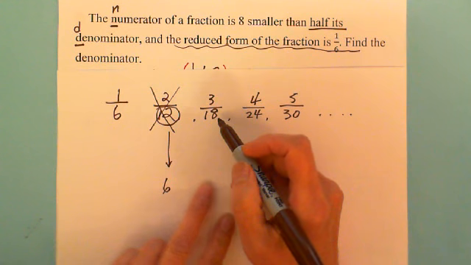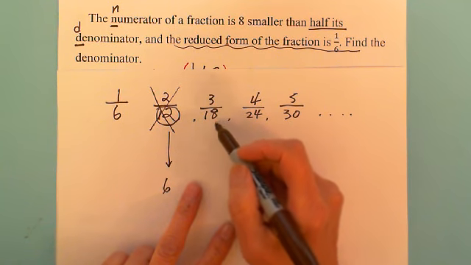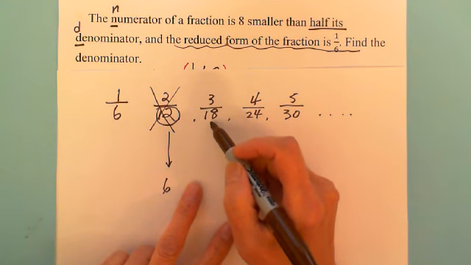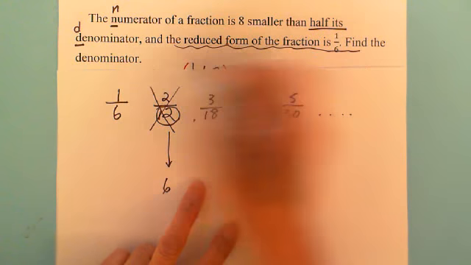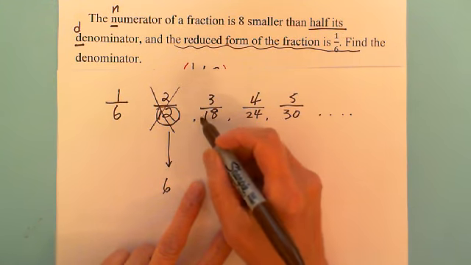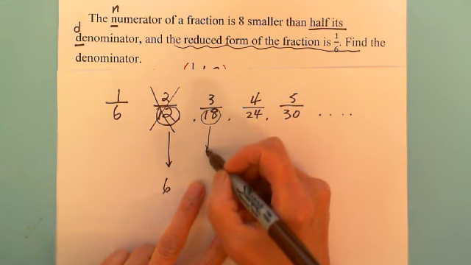And the second one, 3 over 18. Half of its denominator, half of 18, you get 9.